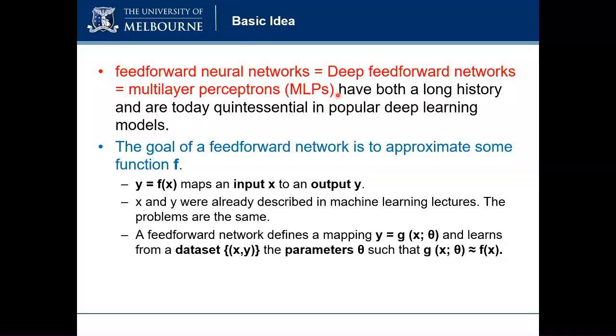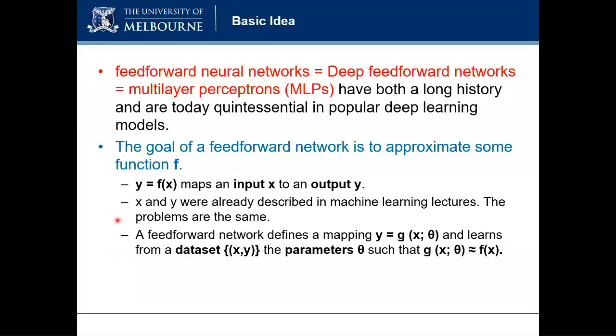So now, long history aside, I mentioned feed-forward neural networks, or deep feed-forward networks, or multi-layer perceptrons. They are all the same thing, or small variants. But the whole story is this blue line. The goal of a feed-forward network is to approximate some function. That's the end of the story. So what does that mean?